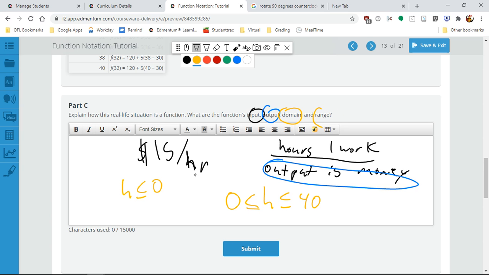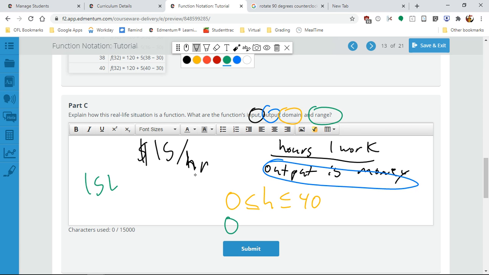What's my range? Well, my range is what I get. I'm going to put the input in and get my outputs, right? So my range would be anywhere from, I'm going to do green, $0.